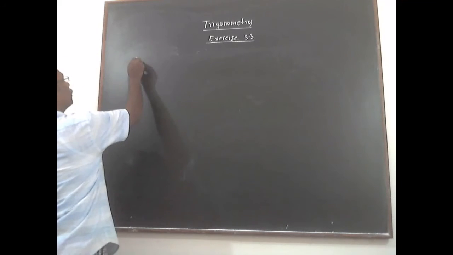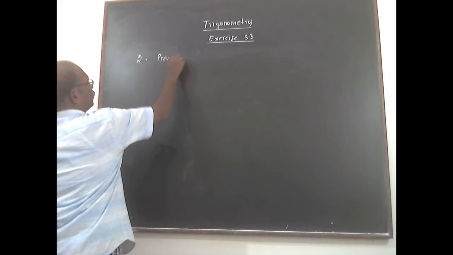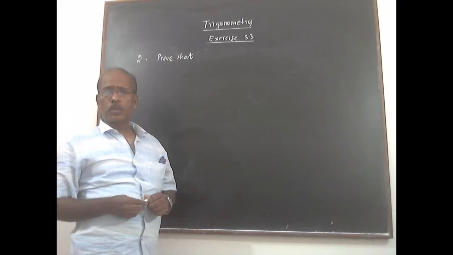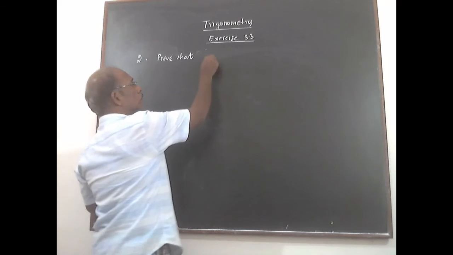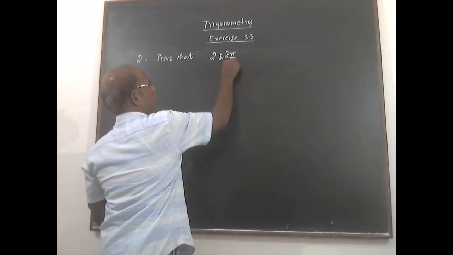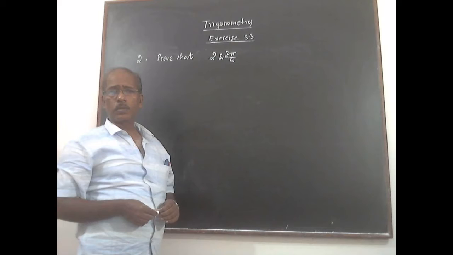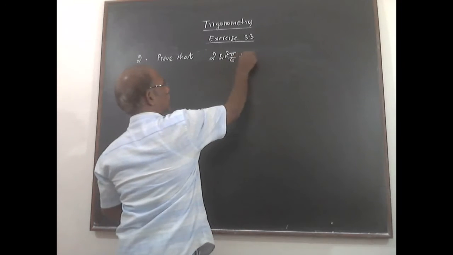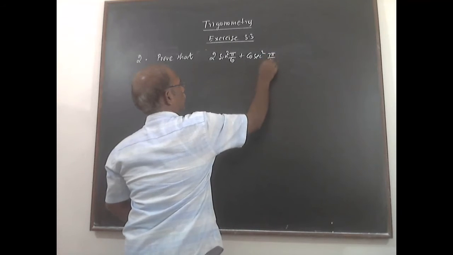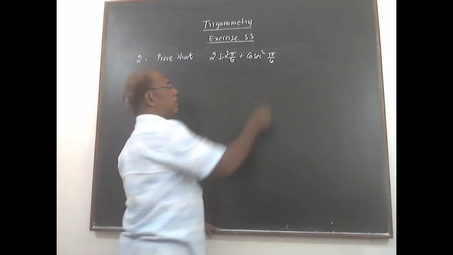Second question, prove that 2 sin square pi by 6 plus cosecant square 7 pi by 6 into cos square pi by 3.